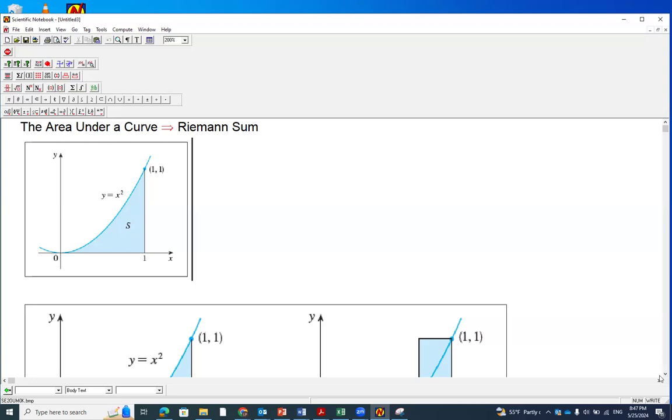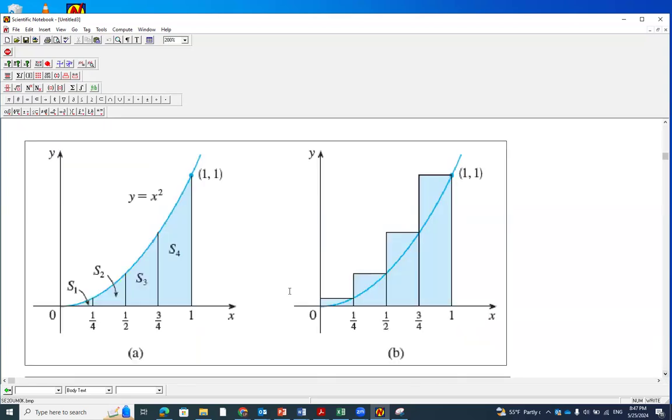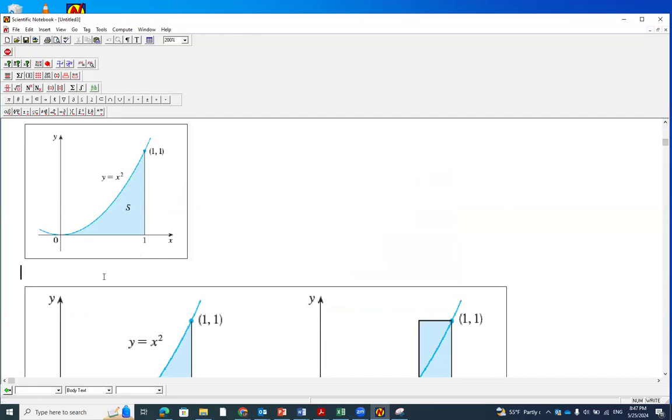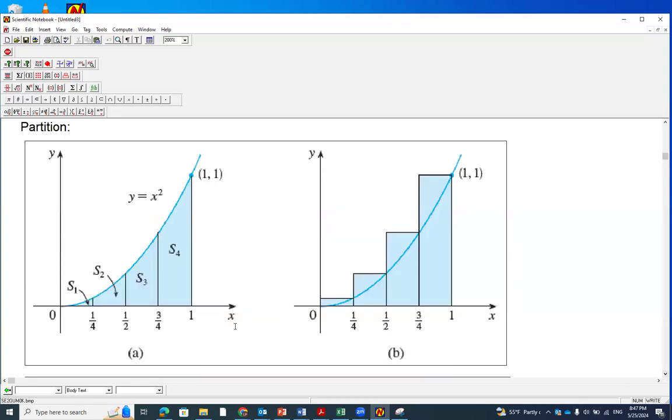So the method we use here is a partition. In a simple example, say we partition the area into 4 equal parts. The equal parts meaning the horizontal partition is equal parts, right?